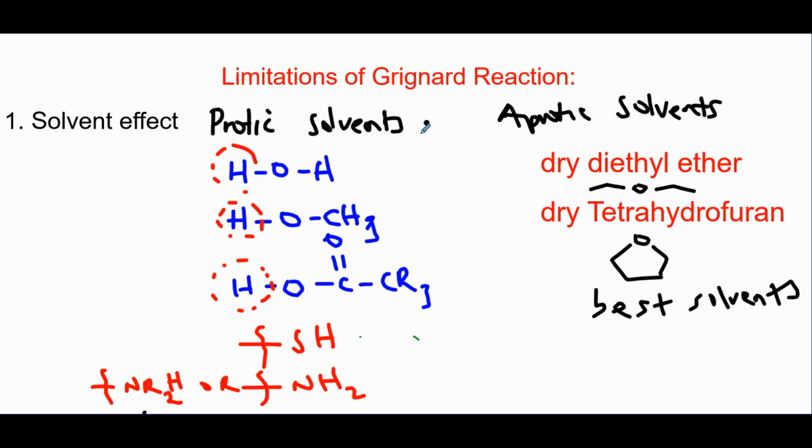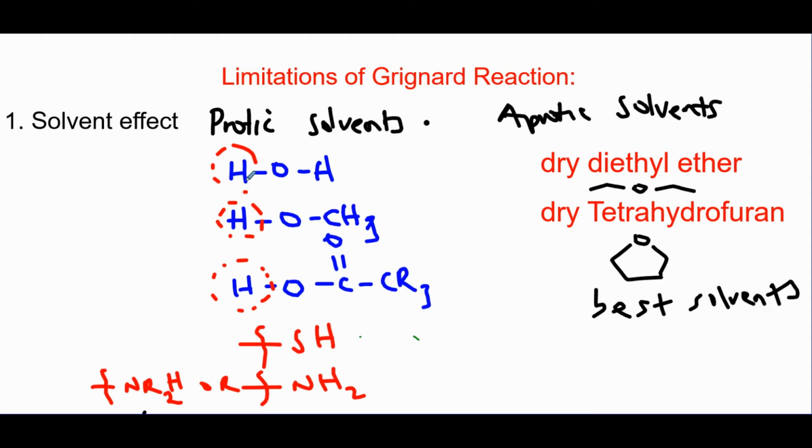Okay, there are a few limitations for Grignard reaction, and the very common one is the one that involves solvents. Usually we do Grignard reactions in aprotic solvents. That means these are solvents which don't have hydrogens directly bonded to electronegative elements, so they don't kill the Grignard.